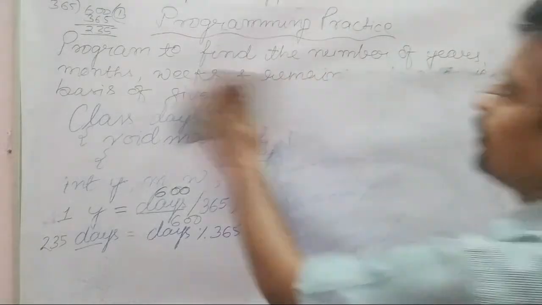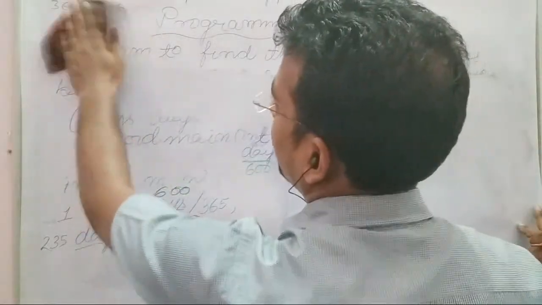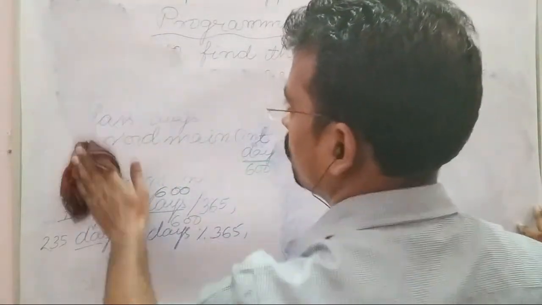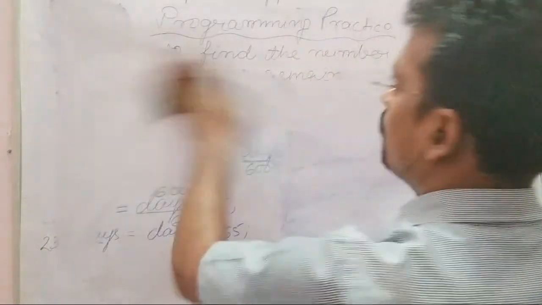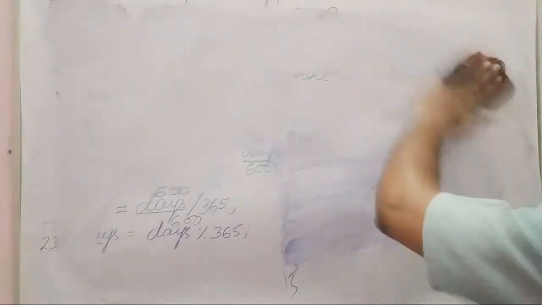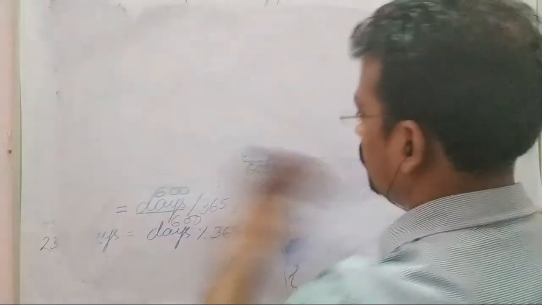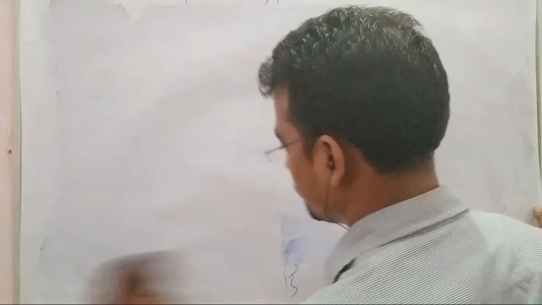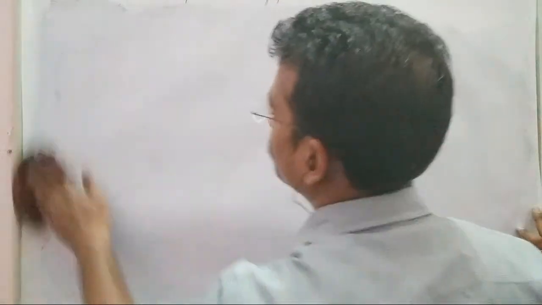So I am removing this program. I hope you have written and understood. If not, please go again and again till you get the logic, and do the program on the basis of this, changing seconds into minutes, hours, changing centimeters. Likewise, you can do programs.